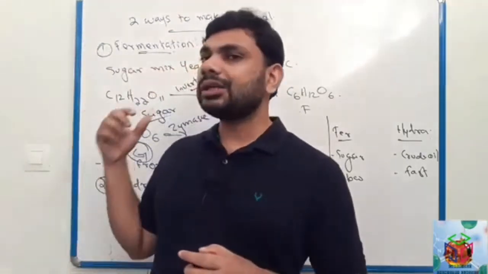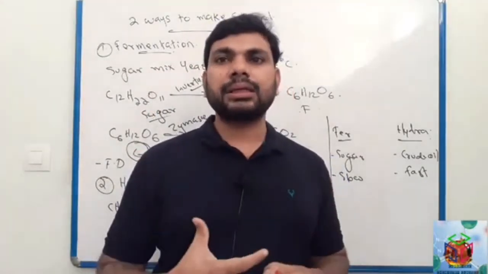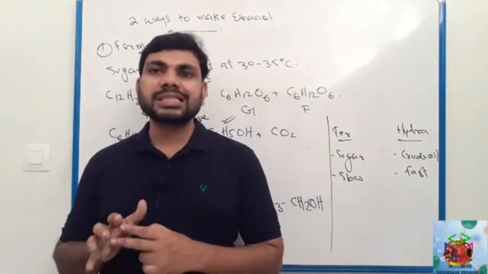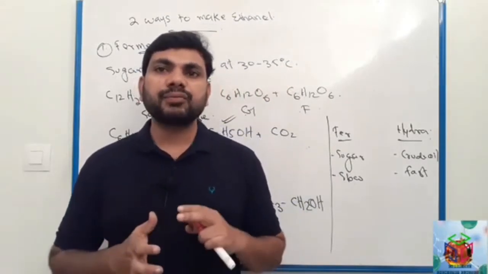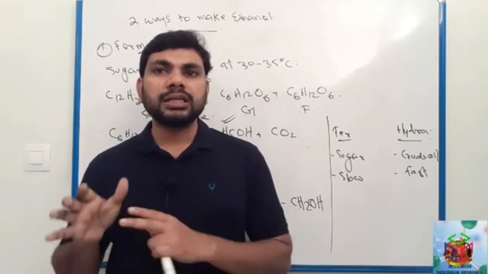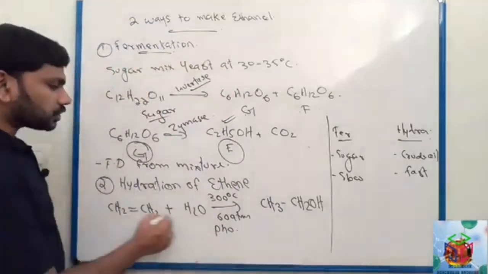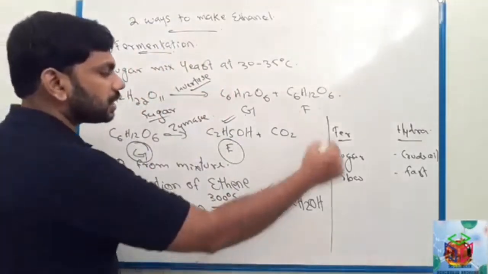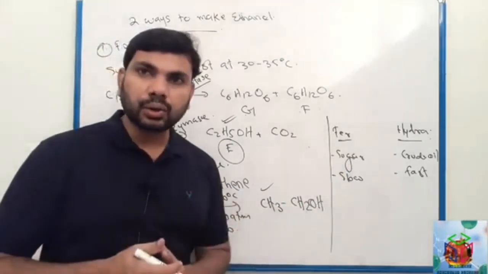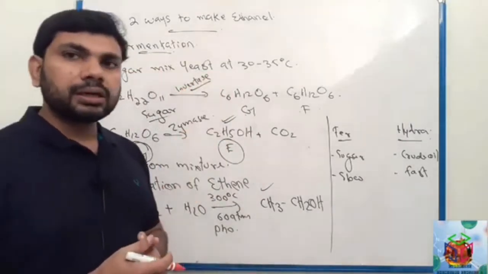The previous one I told you is a biological method. Ethene changes to ethanol, so this chemical reaction also helps to produce alcohol.